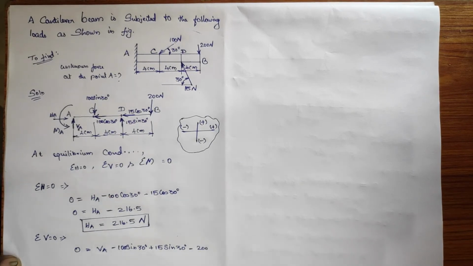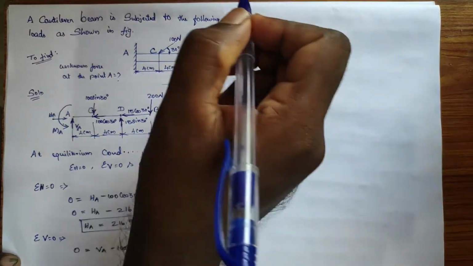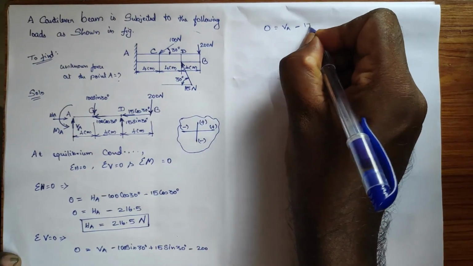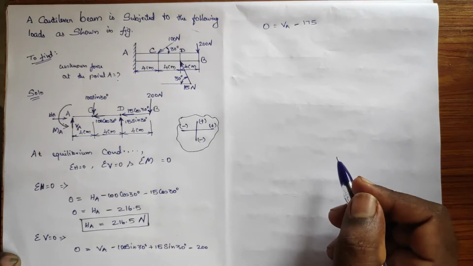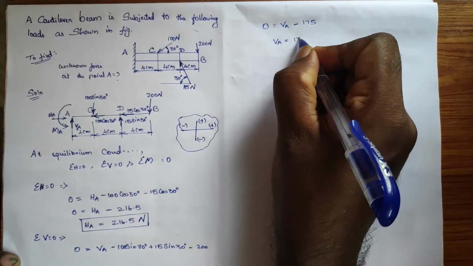Just add all these terms, so that 0 is equal to VA, you will get minus 175. Put it in your calculator. So VA is equal to 175.